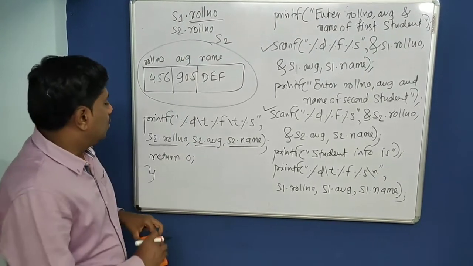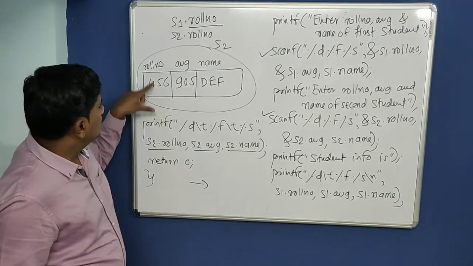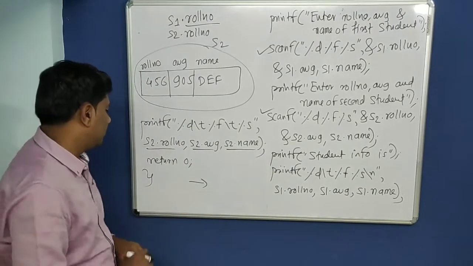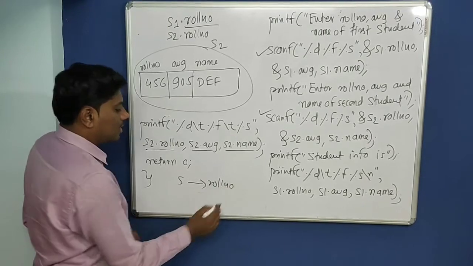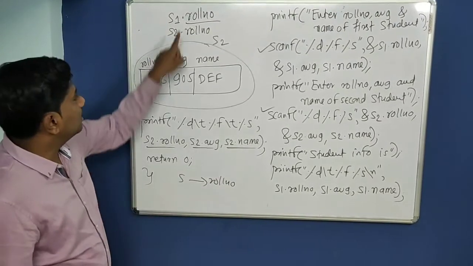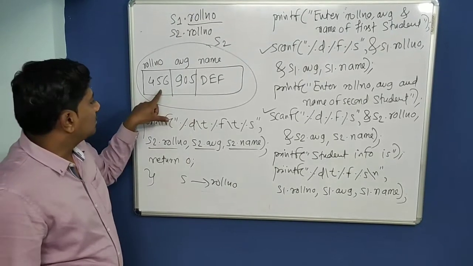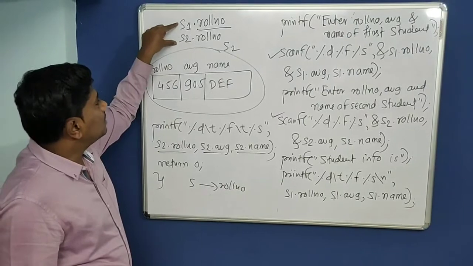Getting? And when to use the arrow operator? If you want to access the value of structure members by using a structure pointer, then you can use the arrow operator. This is the difference between the arrow operator and the dot operator. When to use the dot operator? When you want to access the structure member value by using a simple structure variable.